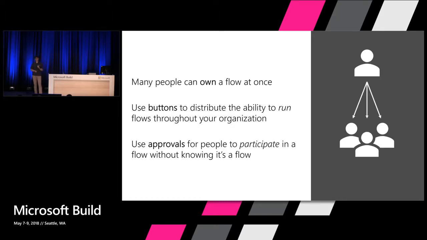That means that I can create business processes like approval processes, like opening a bug, and make it possible for anybody to click the button, and all they have to see is the button and the inputs for it, and it goes and it runs without them having to worry about all of the details and the innards of that flow. Finally, you can have people participate in the decision-making process of a flow by using what we call our modern approvals. Approvals allow people to be assigned tasks that they can then go and run inside the context of a flow.